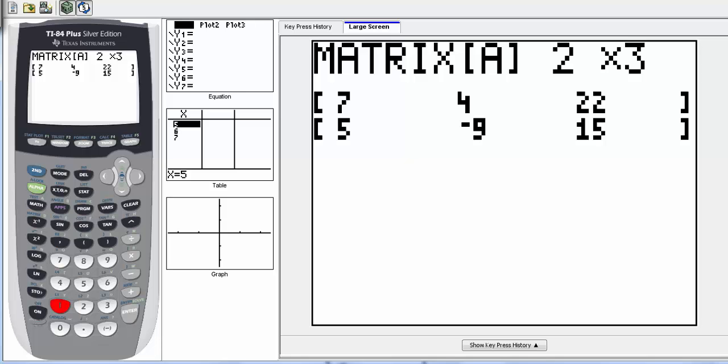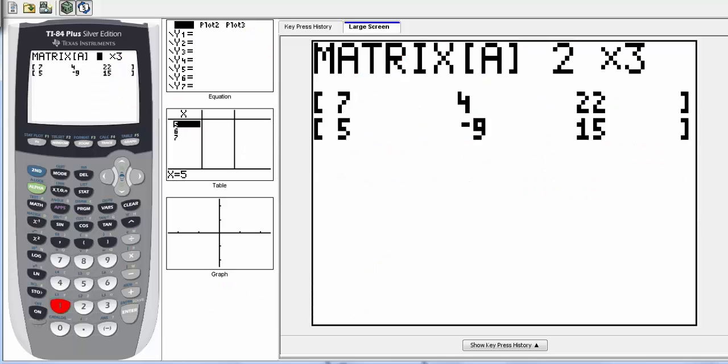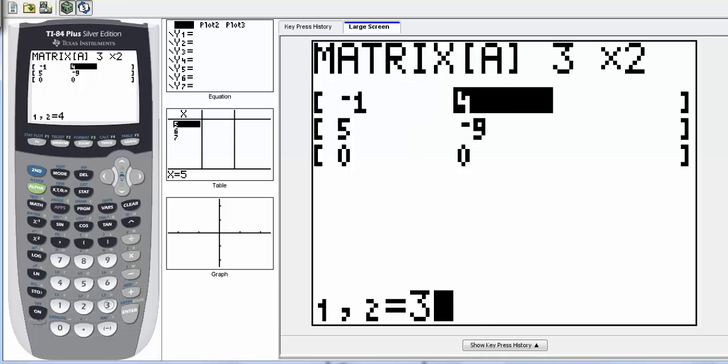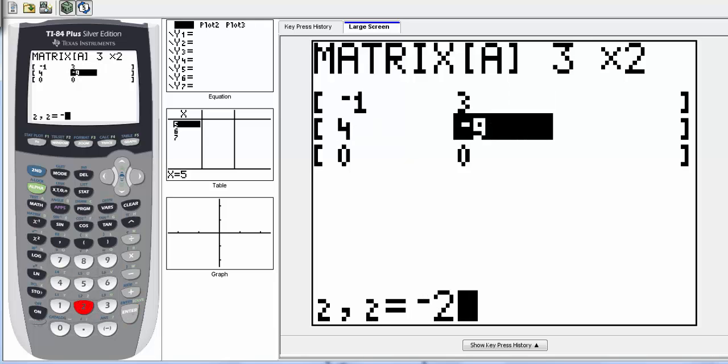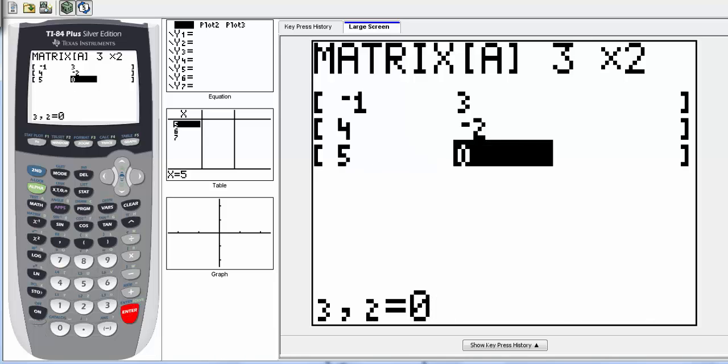And our first matrix that we have here is a 3 by 2, so we need to type in 3, enter, 2, enter, and then we're going to type in the entries. We had a negative 1, 3, 4, negative 2, 5, and 0.